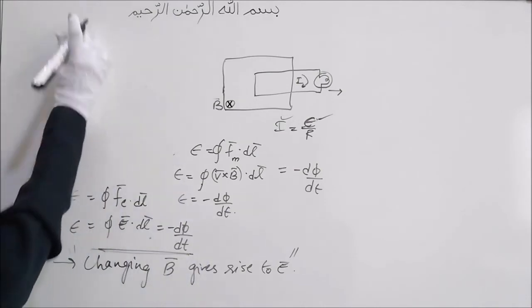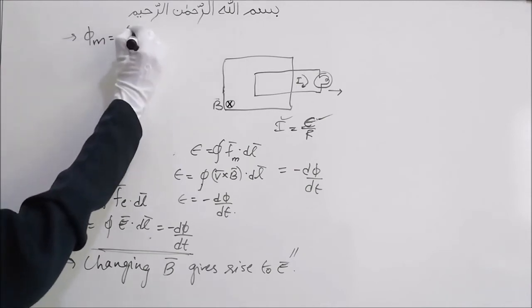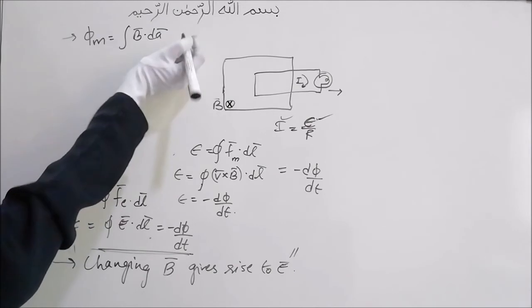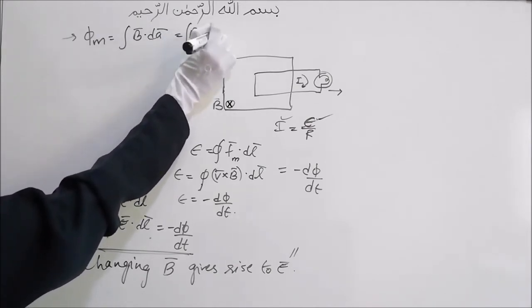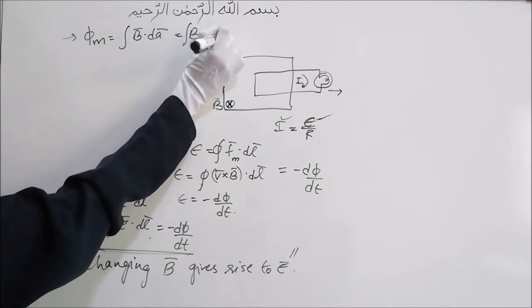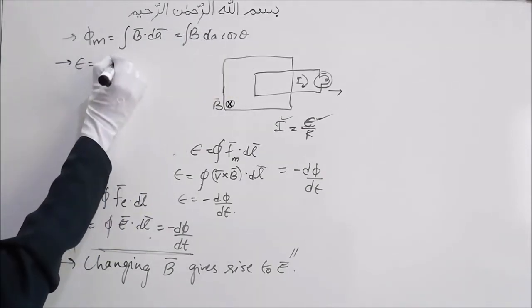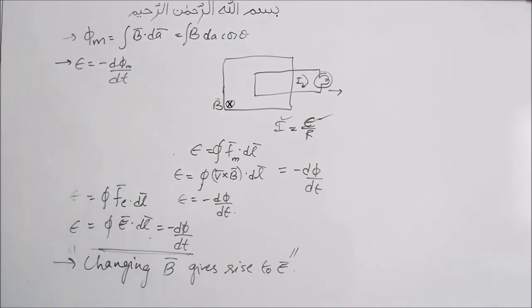So what exactly is magnetic flux? The formula we know is the integration of B bar dot dA bar, that is B dA cos theta, right? And we know E is equal to minus d phi m by dt, this magnetic flux.